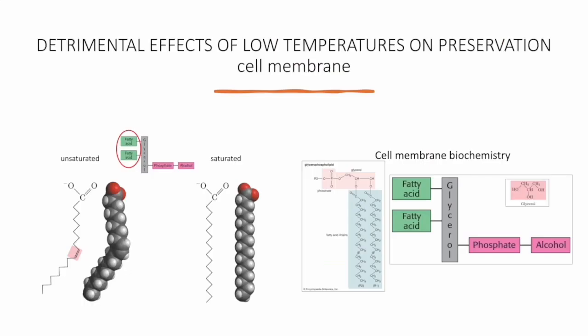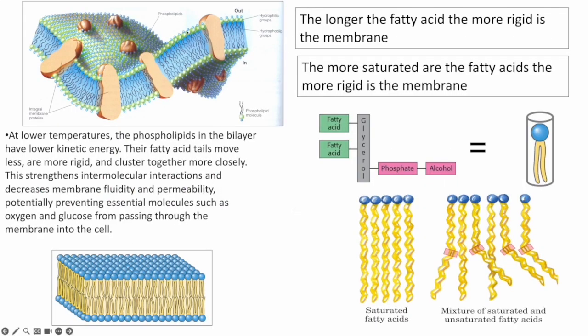The other bad aspect, which is even more important, has to do with the cell membrane. The cell membrane is a bilayer of lipid structures which has a polar head and an apolar tail. And the cell membrane looks like this, okay?